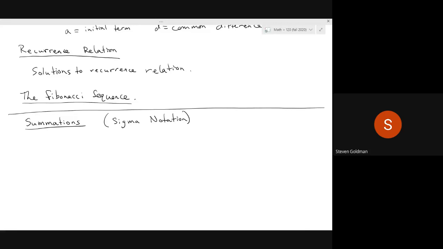Sigma notation is used to shortcut adding the terms of a sequence together. If we have the terms of a sequence and we want to add all of them or some of them together, we indicate that using summations.